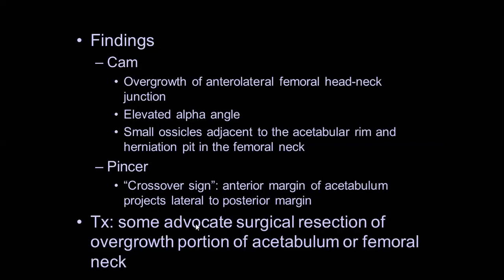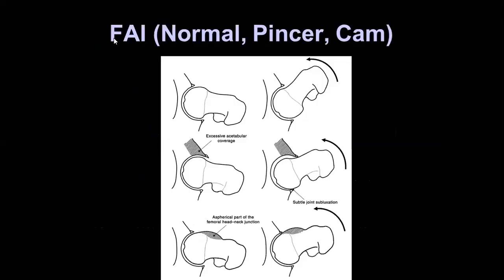Yes. The normal one, the pincer type, the cam type. So here, when you find the over coverage, this is what's called the pincer type, like this. And when you find the bumpy appearance of the femoral head, that is what's called the cam type.